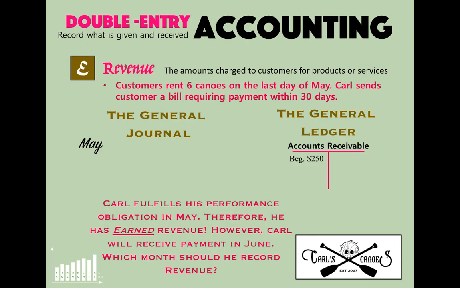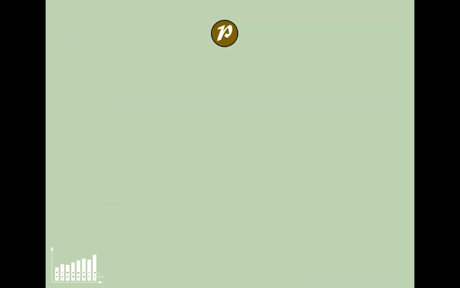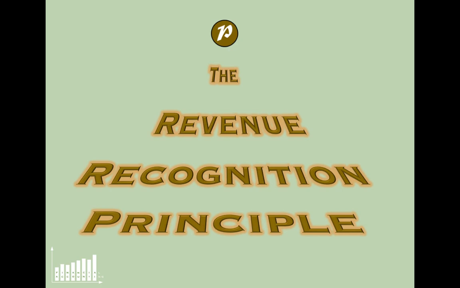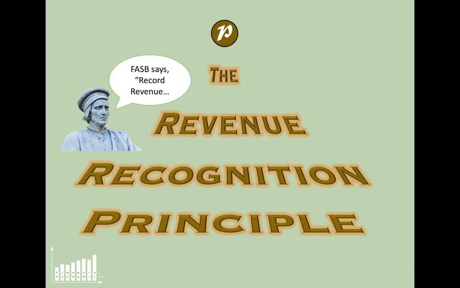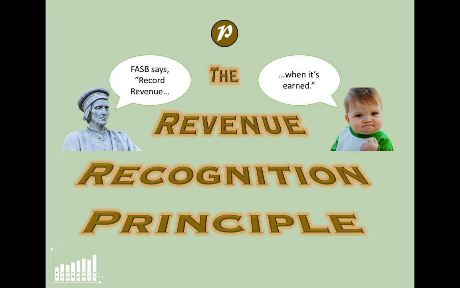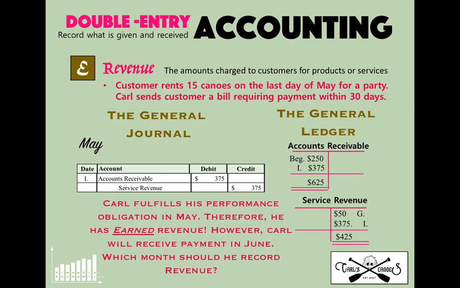Well, again, like before, we need the revenue recognition principle. FASB says, record revenue when it's earned. So, we're going to record here a debit to accounts receivable. They owe us money. And we are going to credit service revenue for $375.